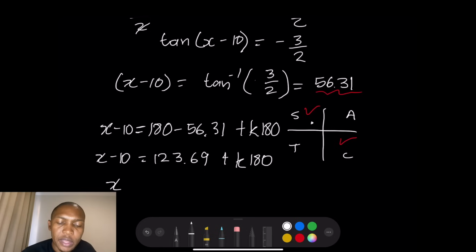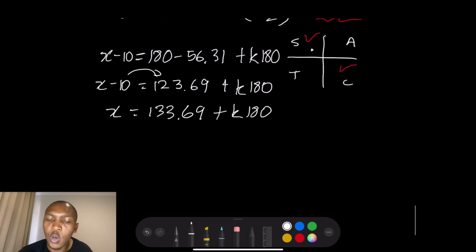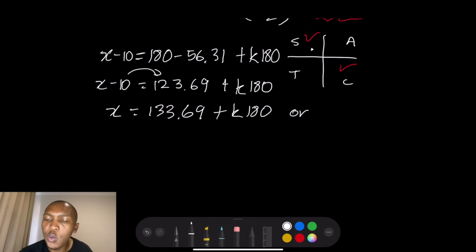And of course, to get the value of x, all I need to do is just transpose that 10 to the other side. It becomes positive, so x would be equal to 133.69 plus k 180. And of course, we did say that it's also in the fourth quadrant.